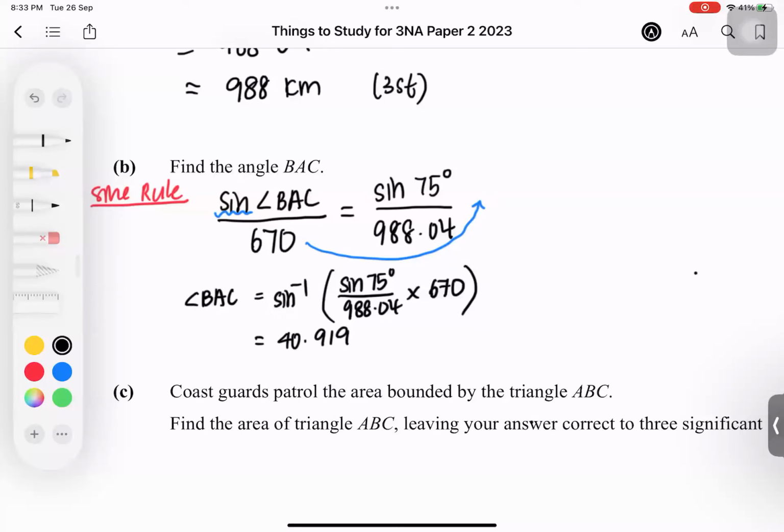Angle to 1 decimal place, rounded off, is 40.9 degrees. Is this okay?